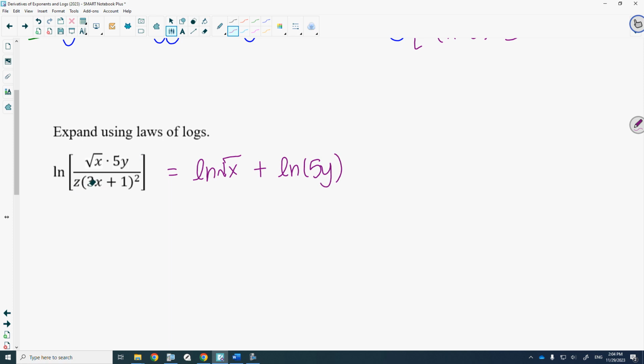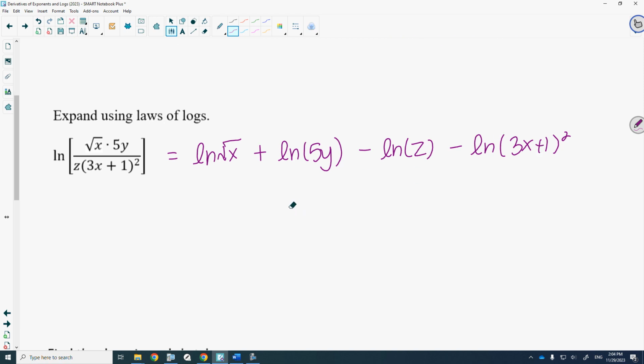This is on the bottom, so then minus the natural log of z. And then this guy's on the bottom still, so minus the natural log of 3x plus 1 squared. Because again, if I gave you just this, you can combine it into one natural log. This goes on top, this would be on top, this would be on the bottom, this would be on the bottom. Now what we could do is we could clean up things a little bit.